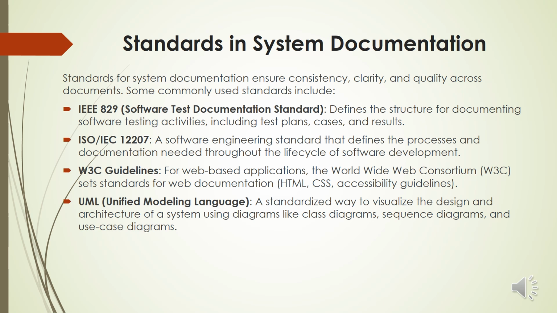We have the W3C guidelines, which deal with CSS and HTML. We also have UML, that is Unified Modeling Language. These standards help to ensure that the documentation is clear, useful, and comprehensive for developers and users.